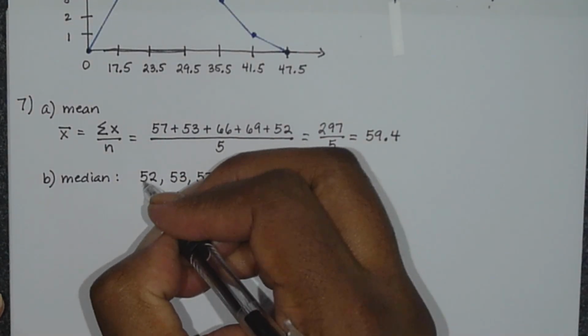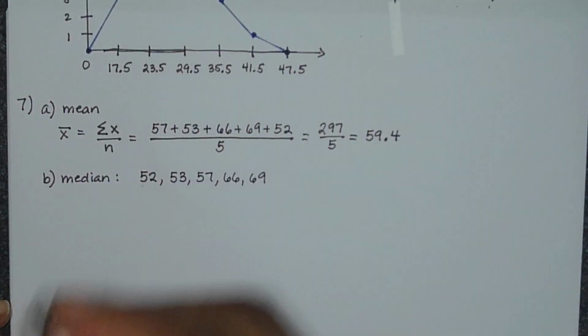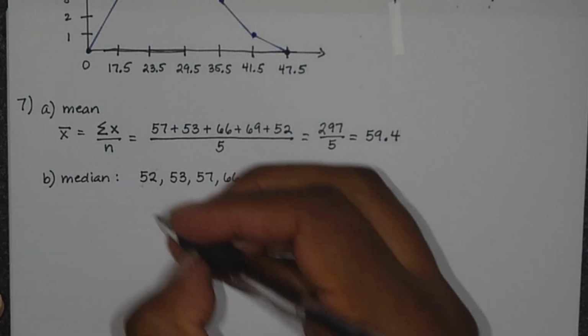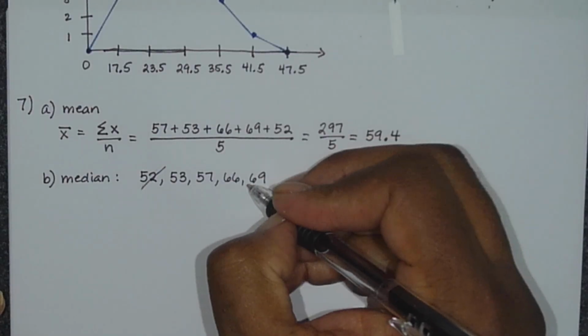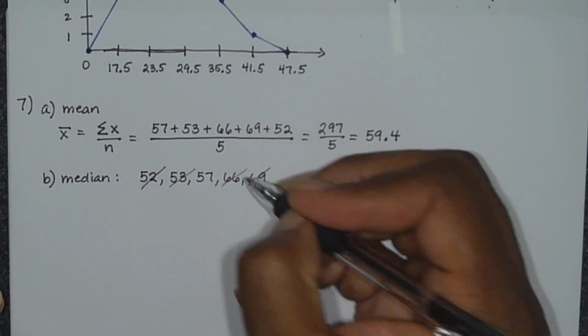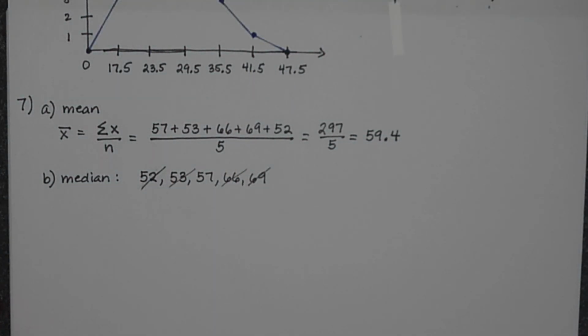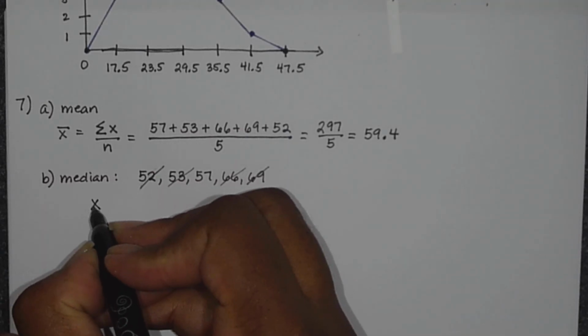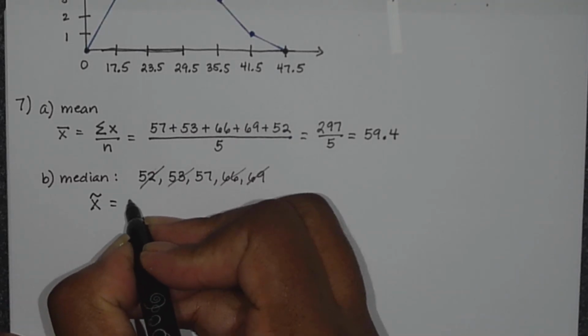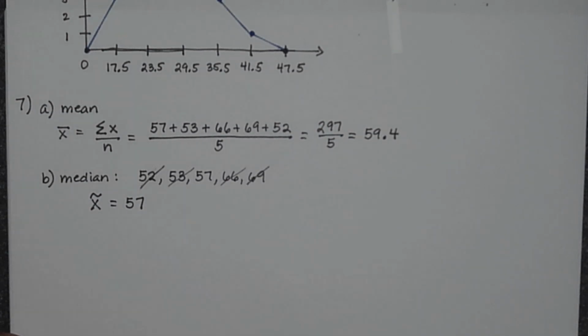It'd be 57. The way you can do that is cross out the numbers on the end, on the left side and on the right side. Sometimes they use this notation, x with the tilde, for the median. That's 57. Now, had it been two middle numbers, then you'd have to take the average of those two middle numbers. Any questions on part B?